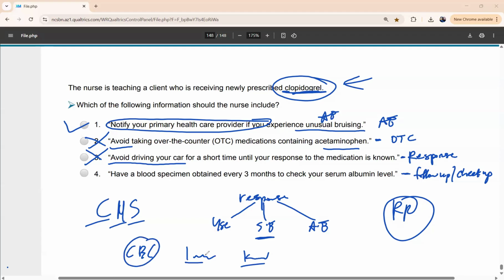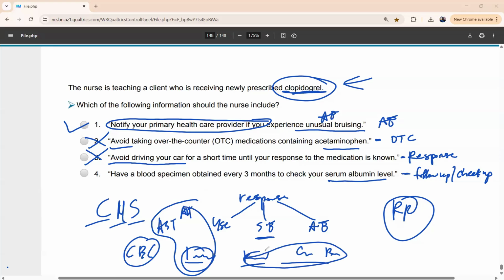The liver is your AST, ALT, kidney is your creatinine. We don't do serum albumin. Serum albumin is not related to medication. If this is what the NCLEX is testing, then fine, but serum albumin is not related to any medication checkup. We don't do that, so we focus on just these three things.